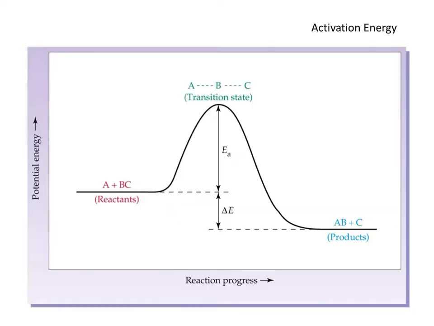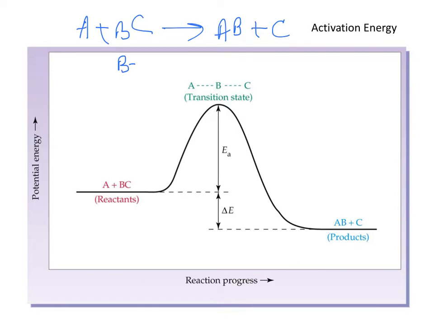Now, I'm trying to go over a concept here where I'm trying to show you that there is a reaction, let's say A plus BC, and that gives you products AB plus C. So for a reaction like that, realize that several things have to happen.